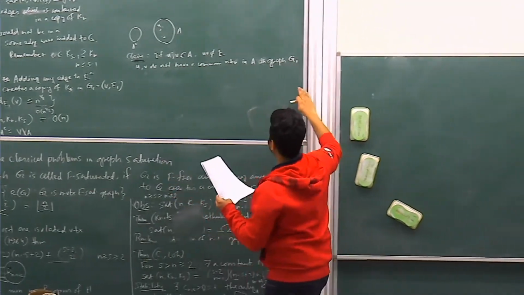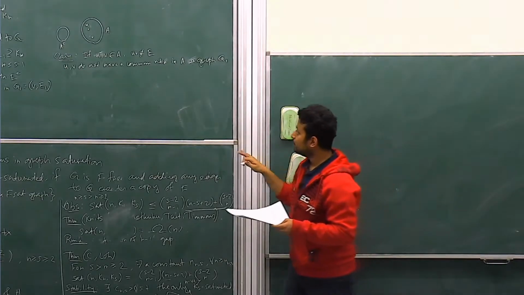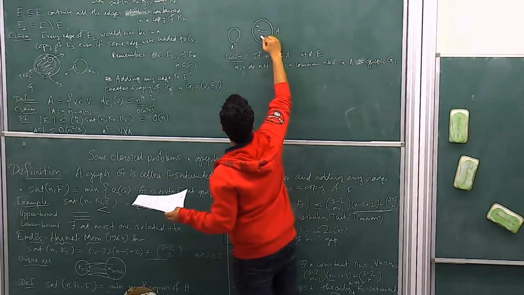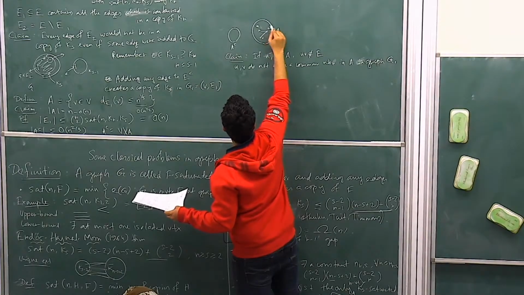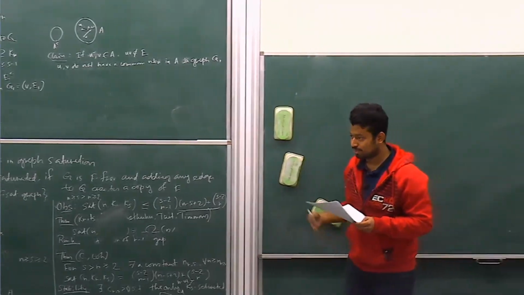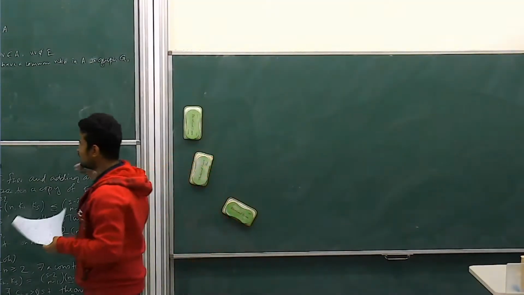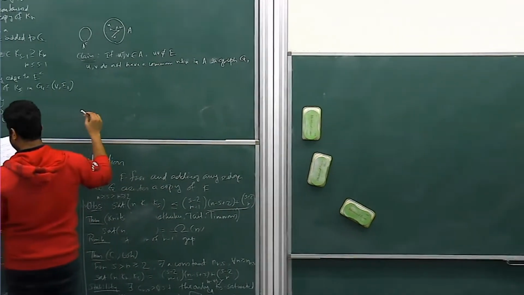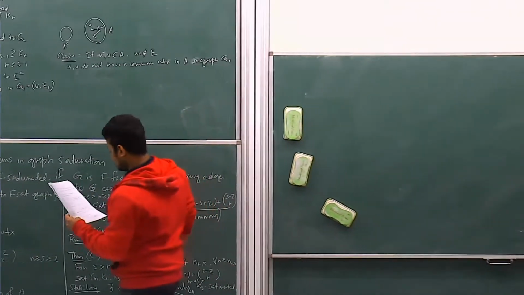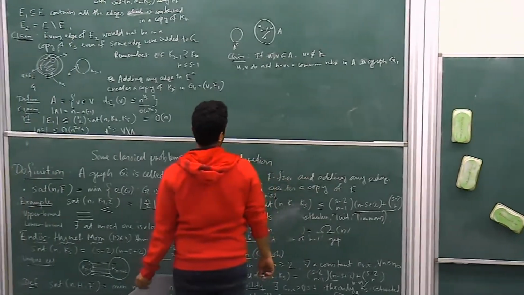So now if we look at graph G1, UV do not have a common neighbor in capital A. So for example, there is no such vertex. I'm sometimes switching between G and G1, so hope that doesn't cause inconvenience.